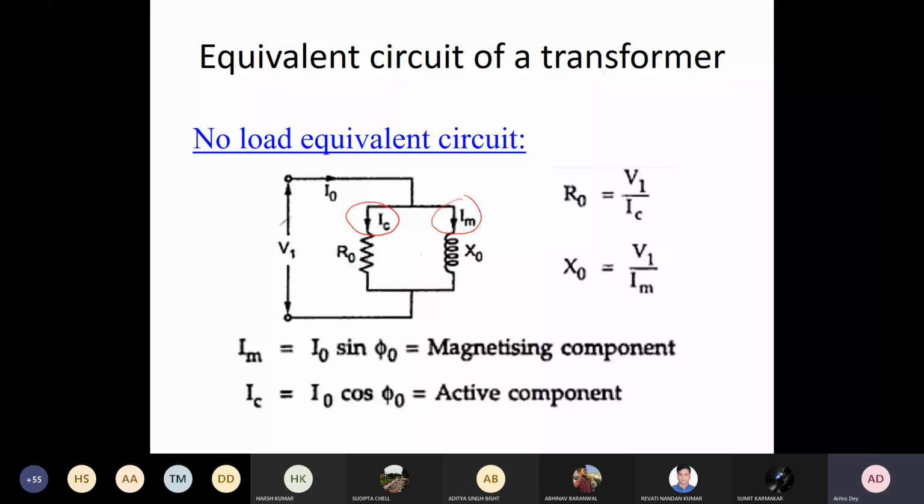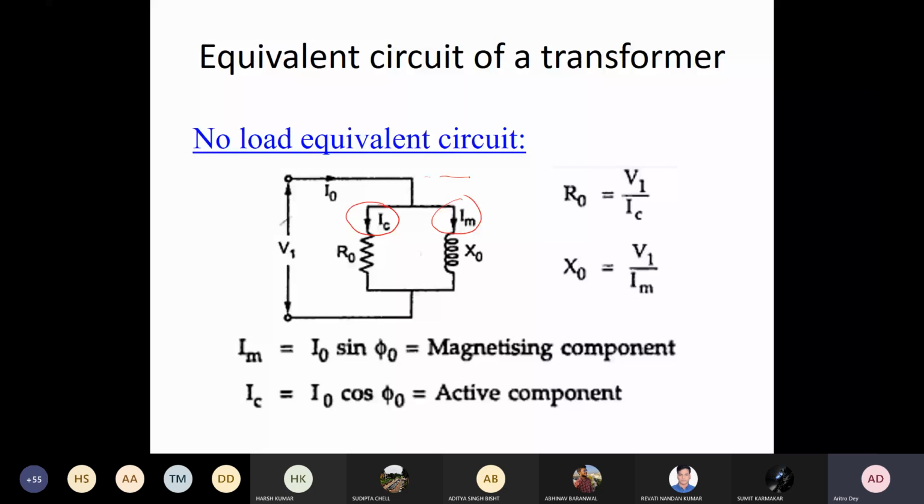If you want to represent that through a circuit, the equivalent circuit can be drawn like this, because whenever you connect the load in the secondary, there will be another component, which is I2 dash.